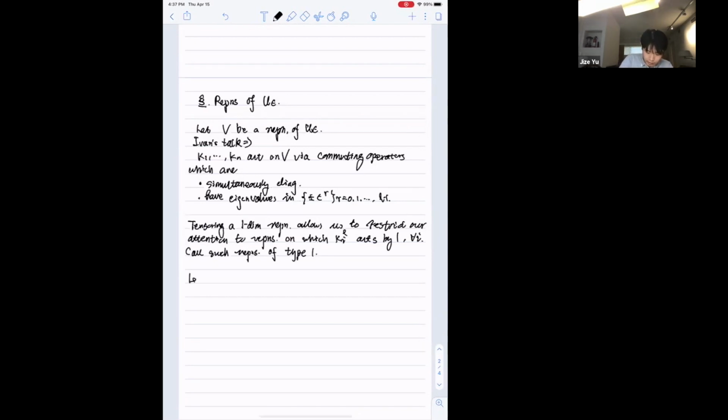So here is a lemma. Let V be a finite dimensional U_epsilon representation of type 1.